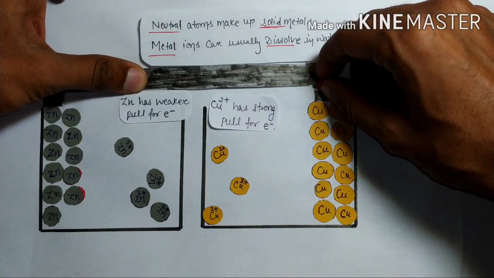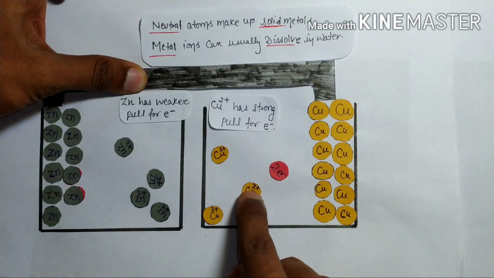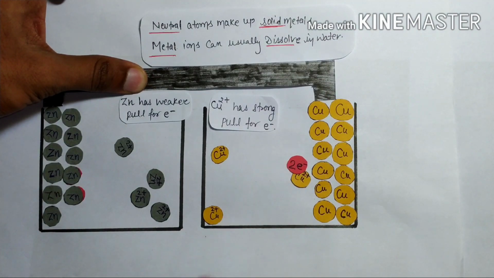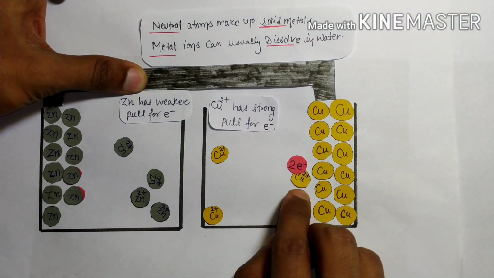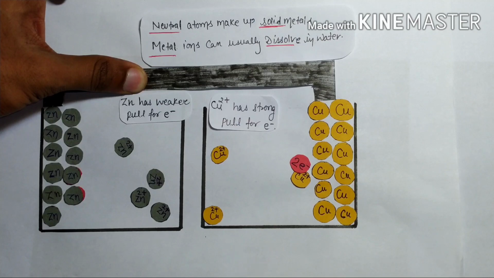These 2 electrons go into the solution to the Cu2+. Now we know that Cu2+ is positively charged with a 2+ charge, and here are the 2 electrons, so the Cu gets neutralized.